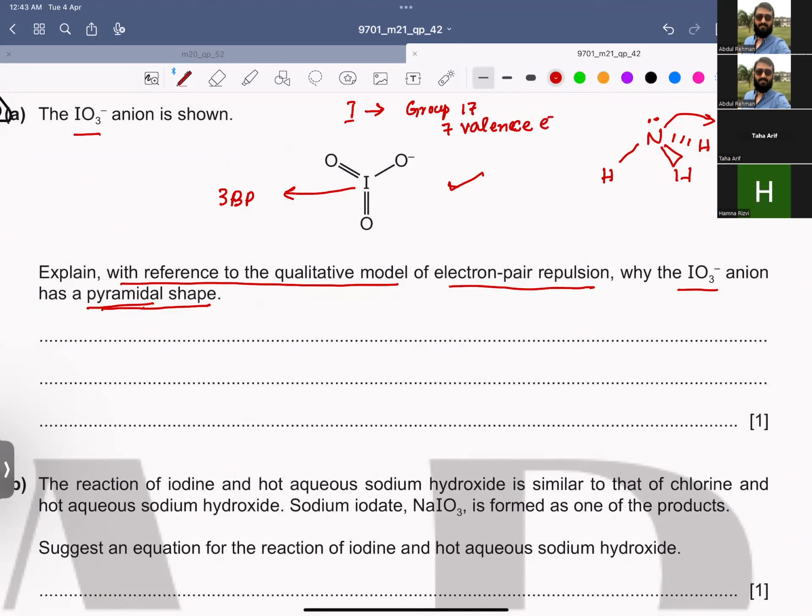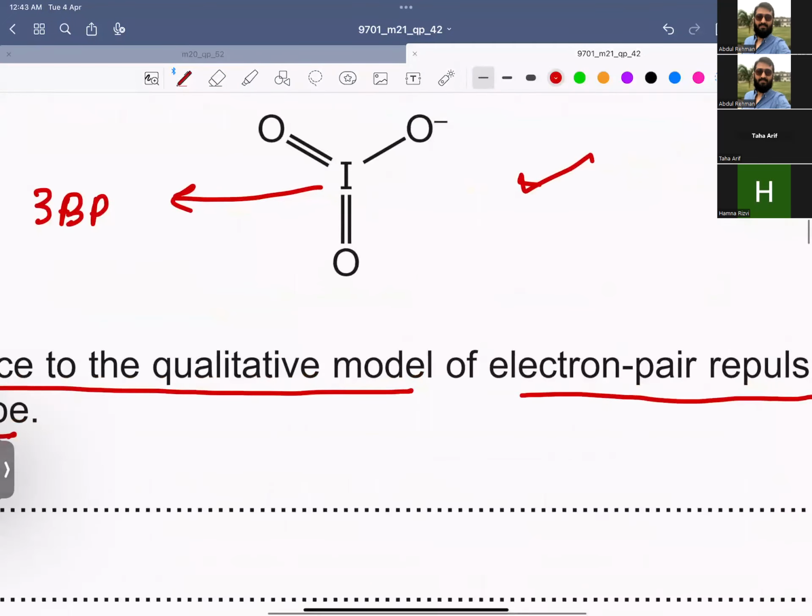Out of these 7 valence electrons, 1 electron is involved over here, 1 over here, 1 over here, and 1 over here. So 5 electrons are involved in bonding, and we are left with 1 lone pair. So there are 3 bond pairs and 1 lone pair around the central atom iodine.